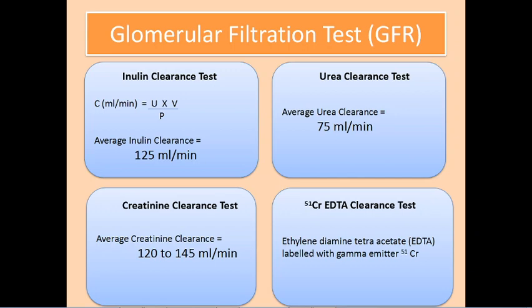In that case the formula will be C is equal to U into the square root of volume divided by P. Urea clearance of 70% or more indicates that the kidneys are excreting satisfactorily. Values between 40 to 70% indicate mild impairment. Between 20 to 40% means moderate impairment, and below 20% means severe impairment of renal function.